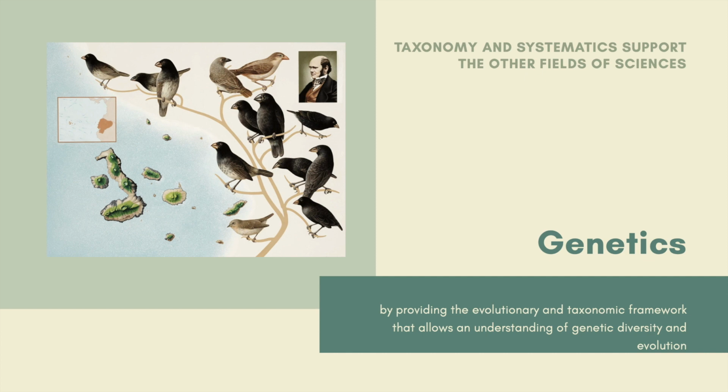And also for genetics, by providing the evolutionary and taxonomic framework that allows the understanding of this genetic diversity and evolution. Like how certain finch species diversify through adaptive radiation into different species with different beak sizes.